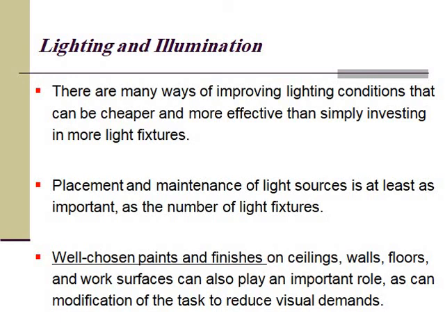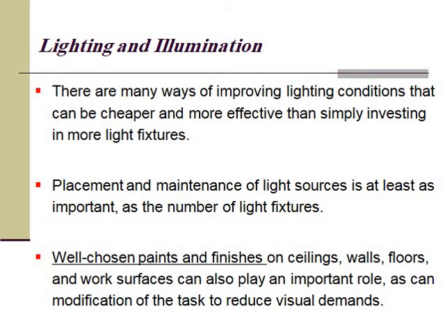There are several ways to improve the lighting conditions in addition to adding more light fixtures. This is the cheapest and not that effective method. You can improve the lighting with better methods than just adding light fixtures. For example, maintenance of the light sources is at least as important.